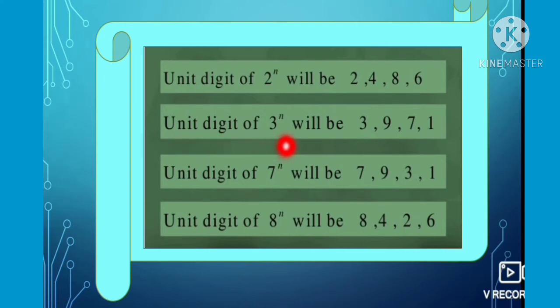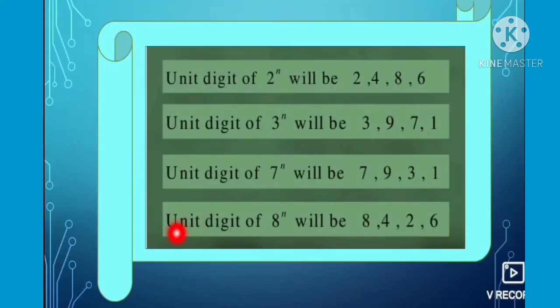For 3 power n, that is the base ending with 3, the unit digit of the expanded form alternates between 3, 9, 7, 1. And for 7 power n, the base ending with 7, the unit digit alternates between 7, 9, 3, 1. Now students, unit digit of 8 power n will be 8, 4, 2 and 6.